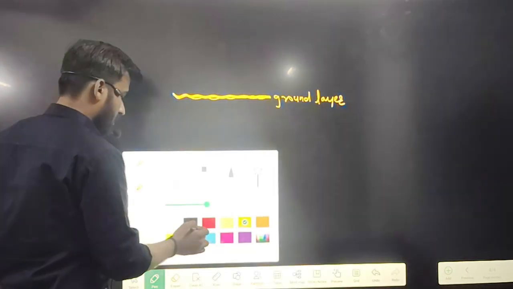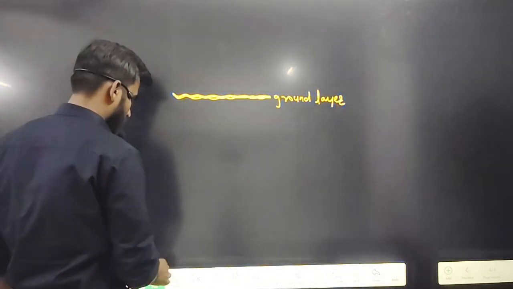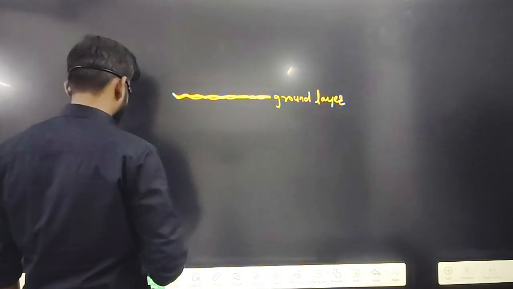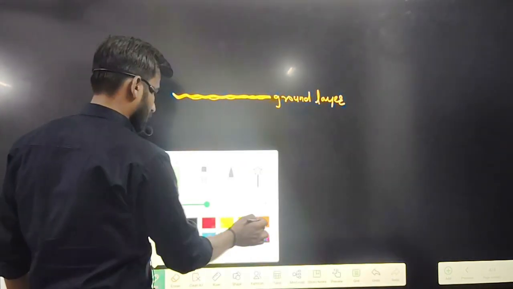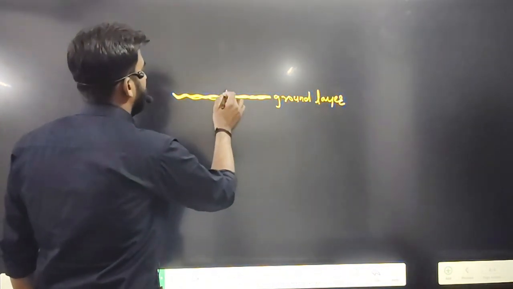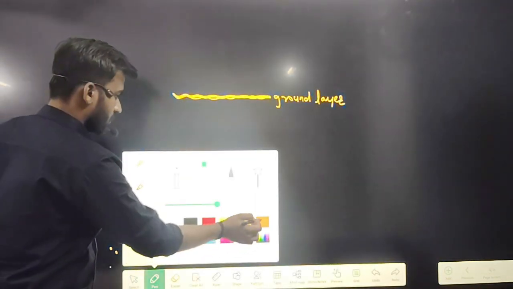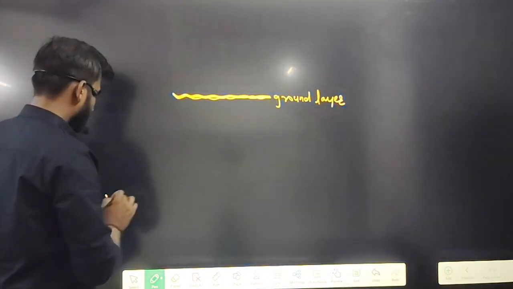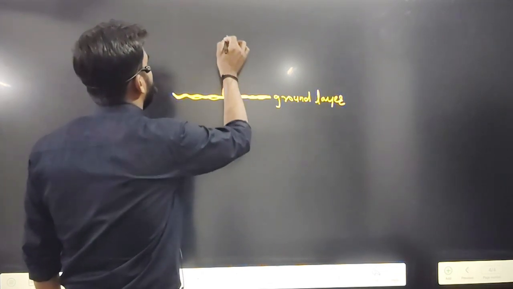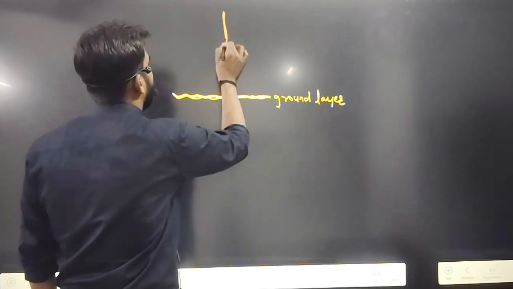Okay. Aerial part formation. This is the stem.